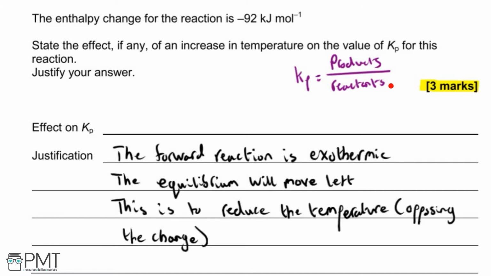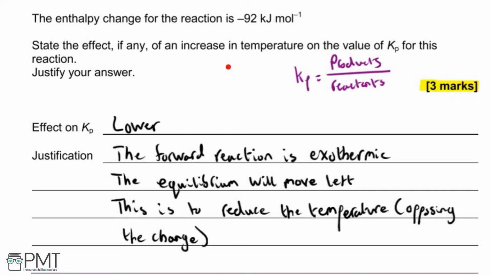Whenever we have a fraction, an increase in the size of the bottom half, the denominator, and a decrease in the size of the top half, the numerator, is going to decrease the size of the fraction. So this means that the effect on Kp from this increase in temperature is that it is going to lower.